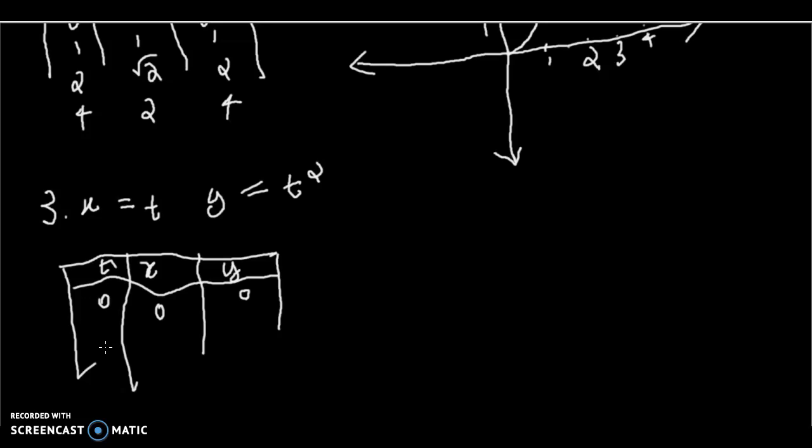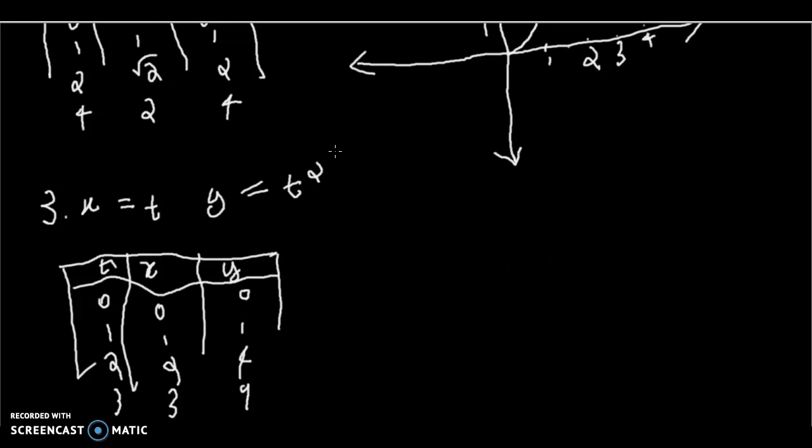When t is equal to 1, x equals 1 and y equals 1. For t equal to 2, it is 2, 4. For 3, it is 3, 9.